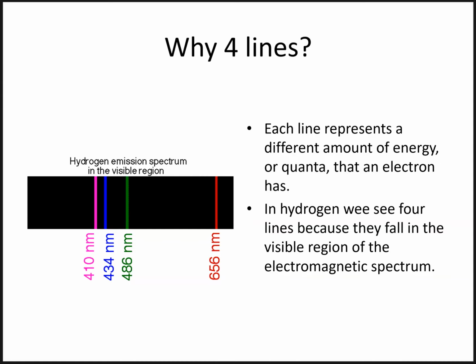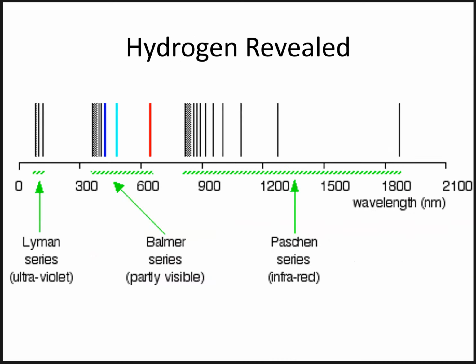Hydrogen, we see 4 quanta, or we have 4 lines, because there are 4 transitions that an electron in a hydrogen atom can go. Now, we see 4, but in reality, there's many more lines than that. And the reason we only see 4 is that the 4 we see fall in the visible spectrum. There are other transitions we know about.